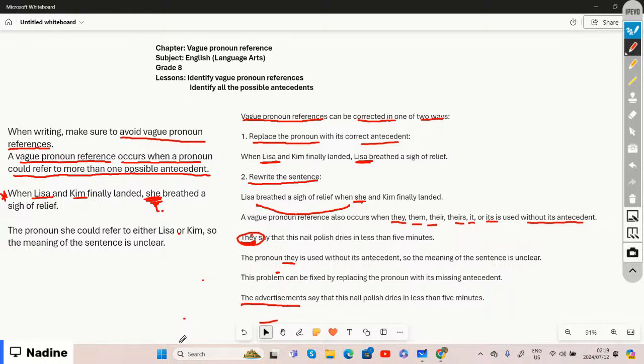If you just say they, it can be anybody. They can be the people in the street, they can be the experts, can be the advertisements, can be anyone or anything. But if you are making mention of something or someone specific, then we are avoiding the vague pronoun reference. We're avoiding having vague references.